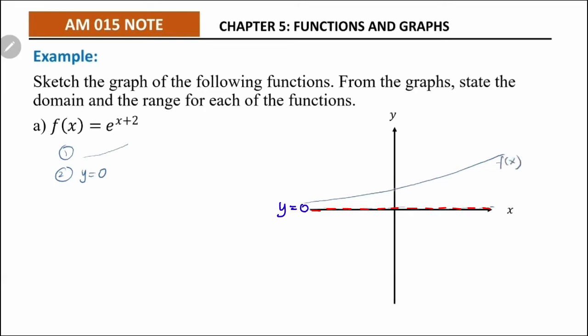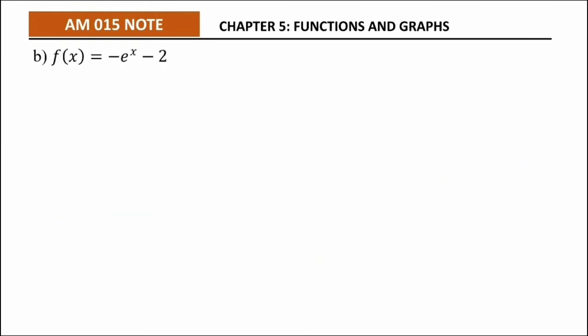The graph has a y-intercept at x = 0, y = e^0 + 2, so 3. The domain for f is negative infinity to infinity, and the range of f is from the asymptote 0, not included, to infinity.